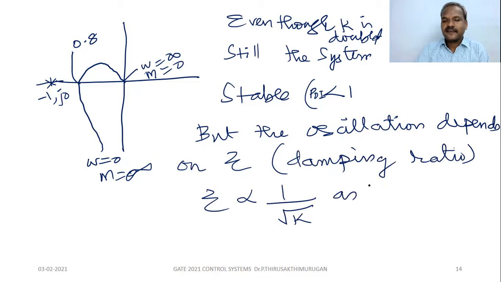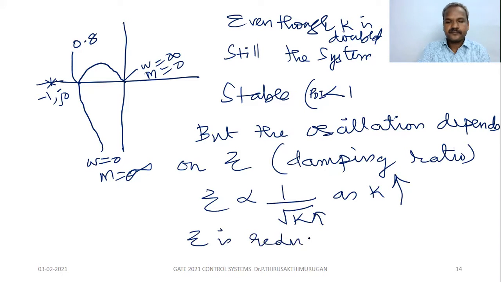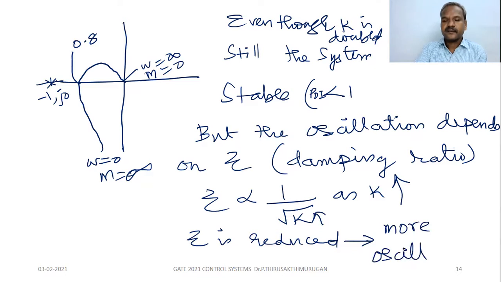So when k is increased, what happens to zeta? Zeta is reduced. So when zeta is reduced, what happens? So more oscillations. It leads to more oscillations. Understand? More oscillations. This is the important point in this concept.